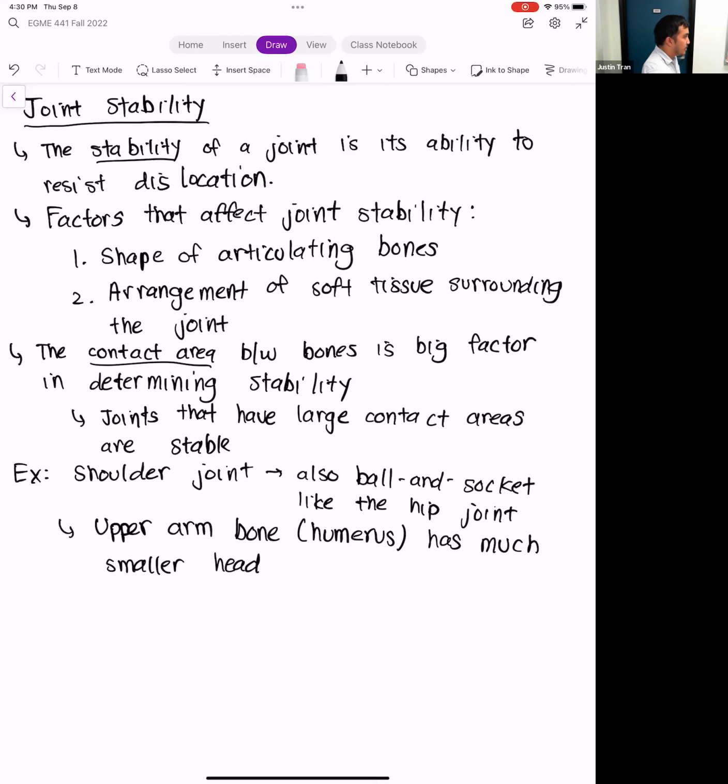Your thigh bone is literally the biggest bone in your body. The fact that you have a smaller head means that you're naturally going to have a much smaller contact area.